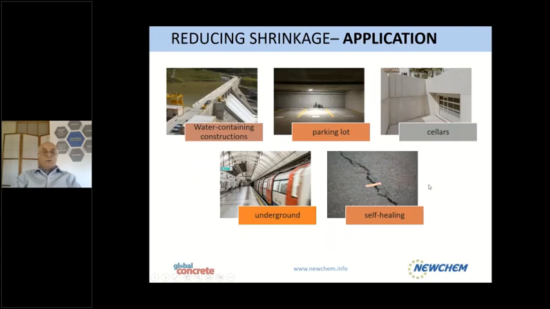So where can you apply these? As I told before, the Chinese are making a lot of dams and water-containing constructions to avoid the cracks, which could be a real danger for the environment. What people normally do is they put enormous amounts of steel into that.